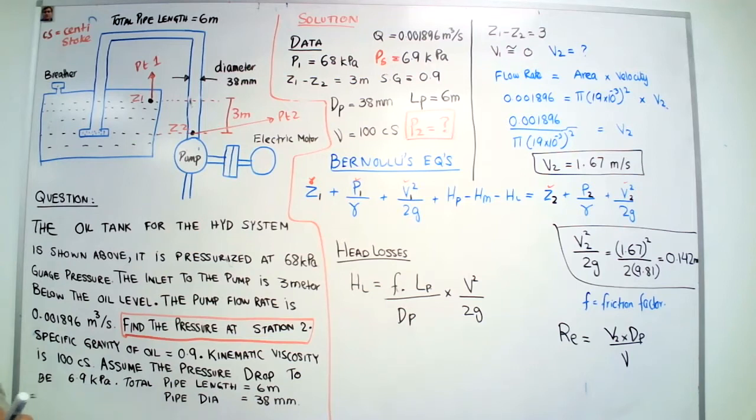I have the velocity, 1.67. I have the diameter, which is 38 millimeters, and I have the value for the kinematic viscosity, 100 centistokes. Just to give you an idea, if you want to convert that into a standard unit, you need to multiply by 10 to the minus 6, because if it's centistokes, we can convert it into the standard unit.